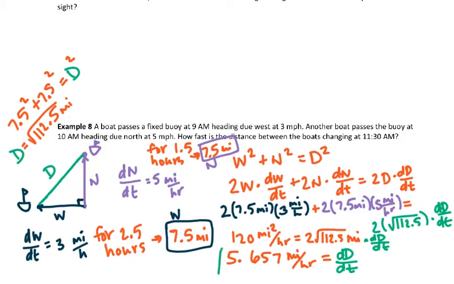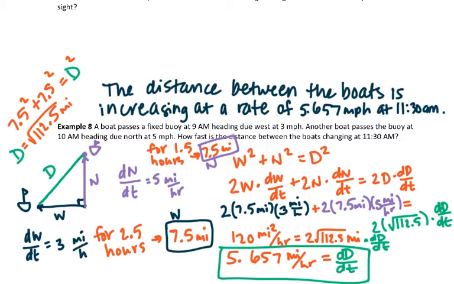So that's that answer. And now we just need to write our statement, which I'm going to write above because I can't squish anymore on the screen. The question we were asked is how fast is the distance between the boats changing? We're going to say the distance between the boats is increasing because it's positive, at that rate in miles per hour, and then say at the specific moment in time it's being asked about.